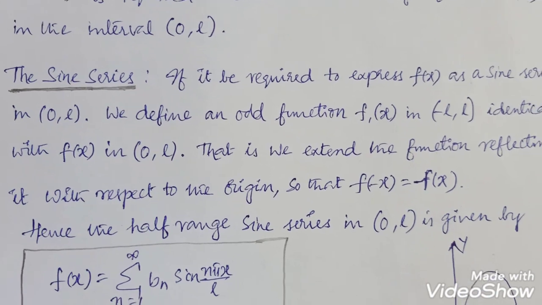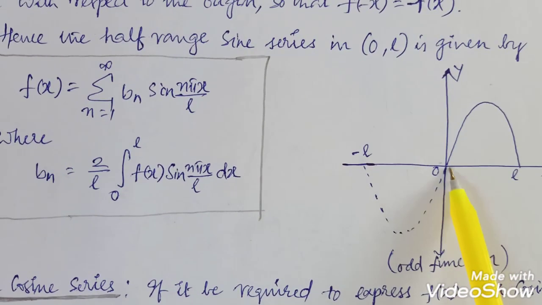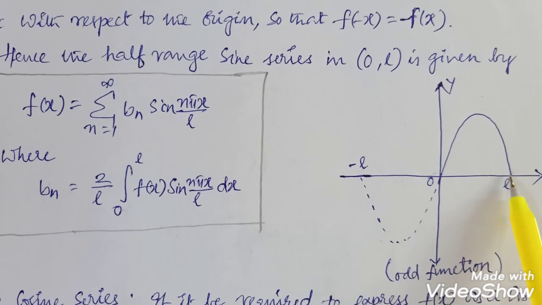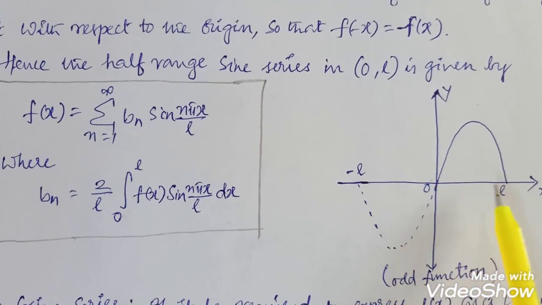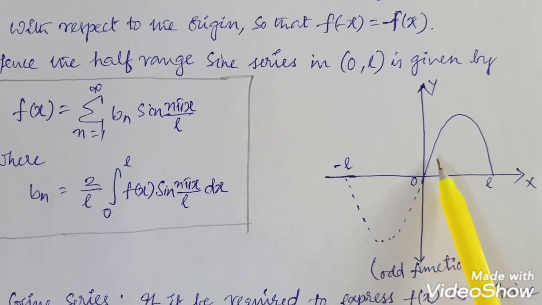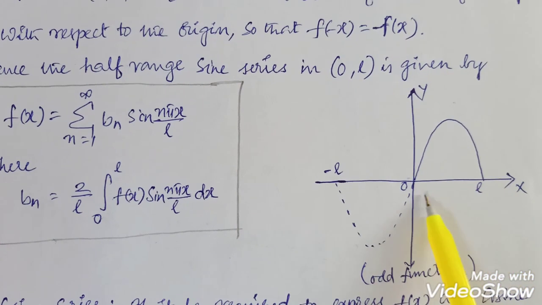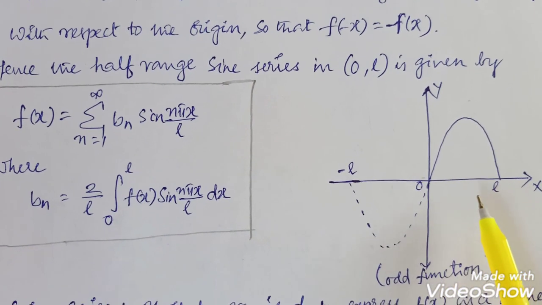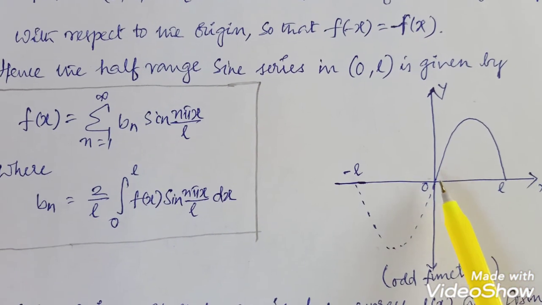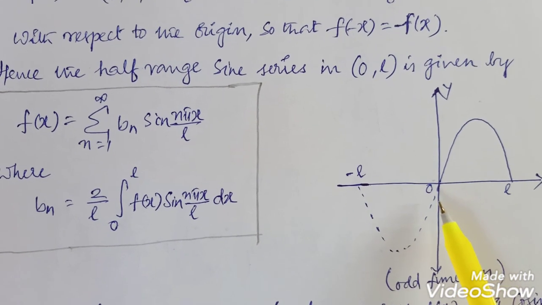Observe this graph. Suppose we have a function on 0 to L, and the graph is like this. Now we need to express this as a Fourier series in 0, L. We extend this function in two ways.